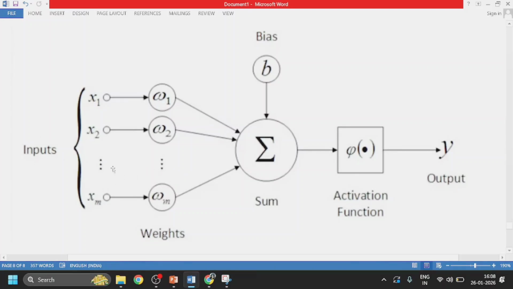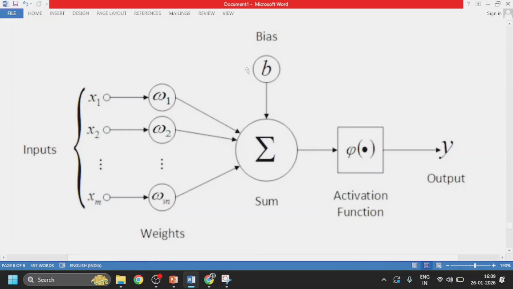This is the input layer, these are the inputs x1, x2, x3, and these are the weights w1, w2, w3. This is the weight for x1, this is the weight w2 for input x2. This is the input xm and its weight wm. Here we are going to add all of these: x1 w1, x2 w2.